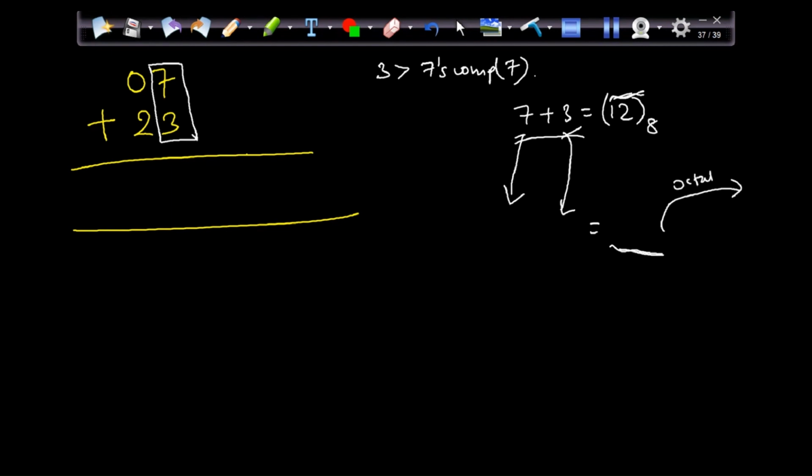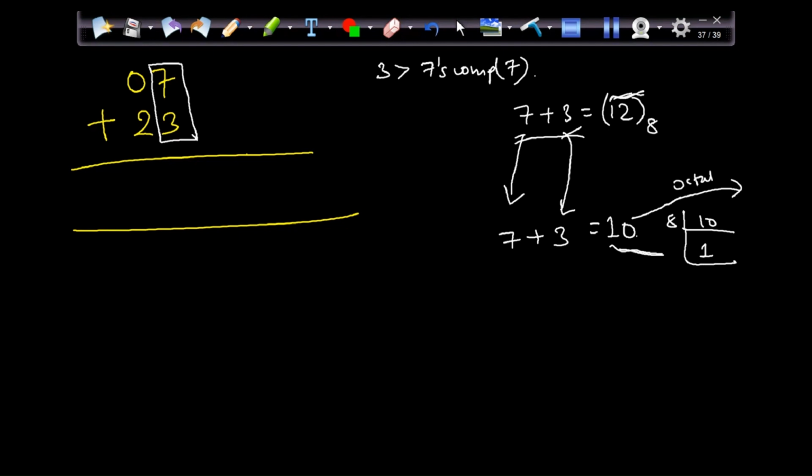So what will it be? 7 plus 3, because fortunately the decimal conversion of the digits of octal is nothing but the digit itself. It is the same in decimal also. And in decimal 7 plus 3 is 10. And when you convert this 10 to octal, what will you get? 8 into 1.